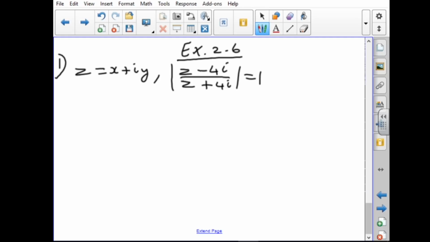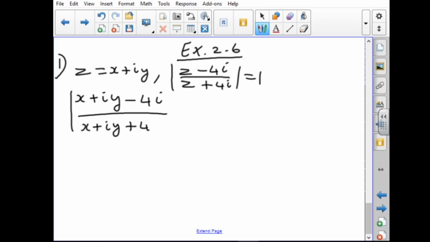So now we will consider modulus of z minus 4i by modulus of z plus 4i. We know that modulus of z1 by z2 is equal to modulus of z1 by modulus of z2, and in place of z we can take x plus iy. So x plus iy minus 4i by x plus iy plus 4i is equal to 1.